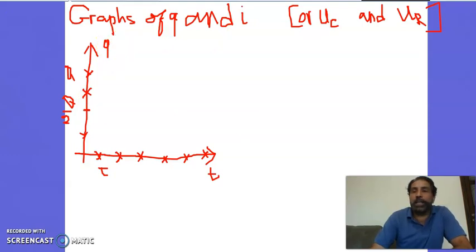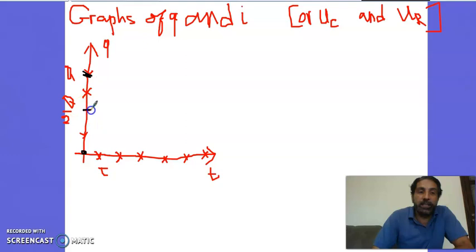Now let's locate our points. At t equal to 0, the charge is 0. So here is the first point. At t equal to tau, the charge reached how much? 63%. Here is 50% and here is 100%.